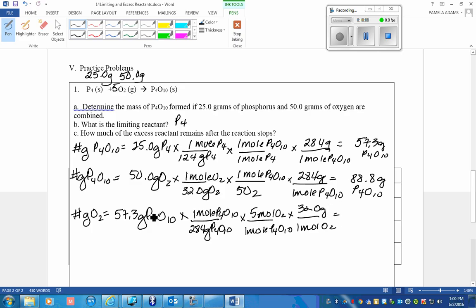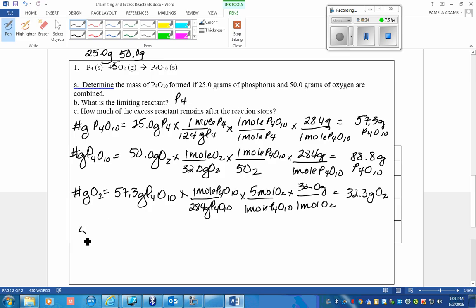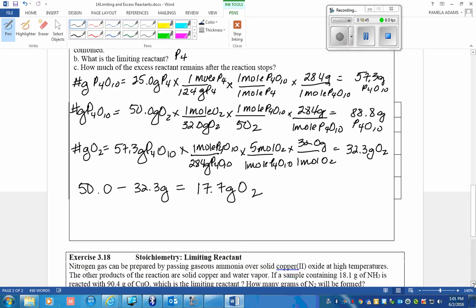And in 57.3 grams of P4O10, there are 32.3 grams of O2 as a reactant that is unavailable. We started out with 50 grams of oxygen. 32.3 grams of that oxygen was used to form the P4O10. That means in our reaction chamber we have 17.7 grams of O2 that is unreacted.